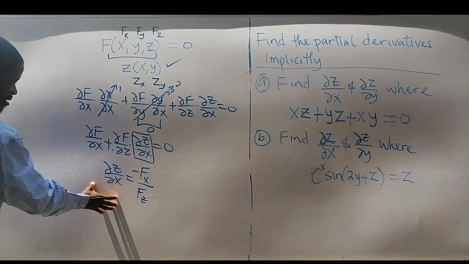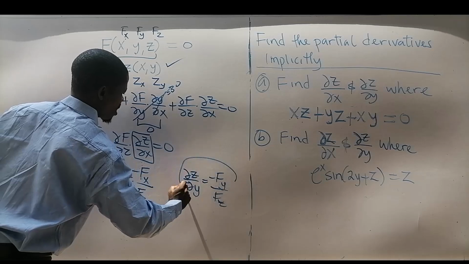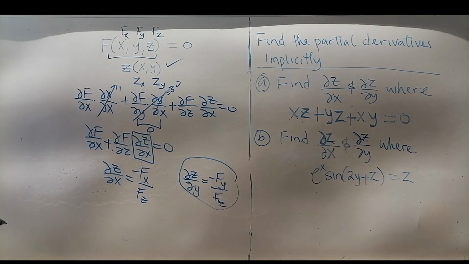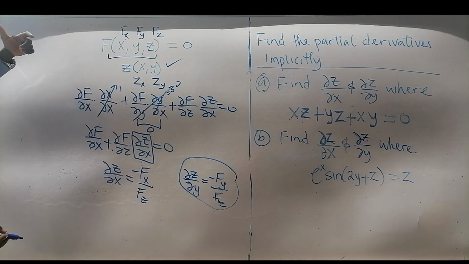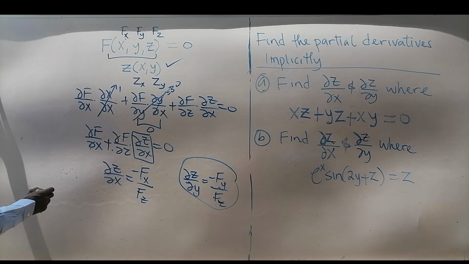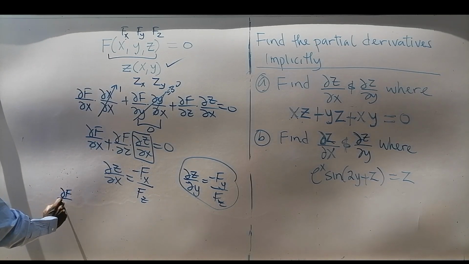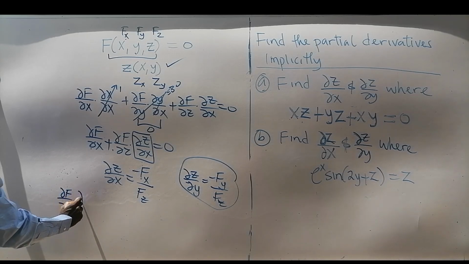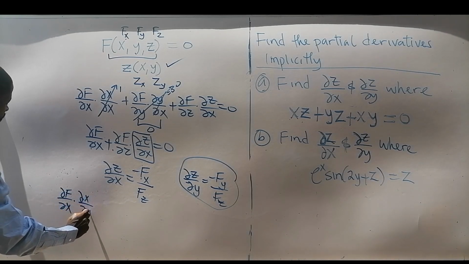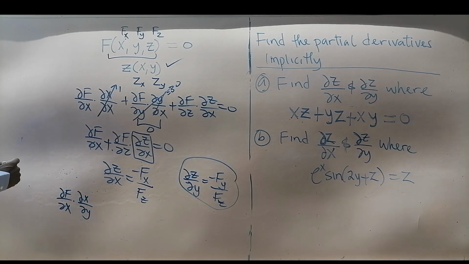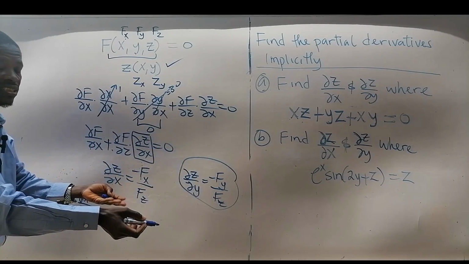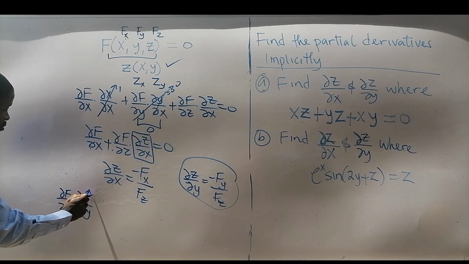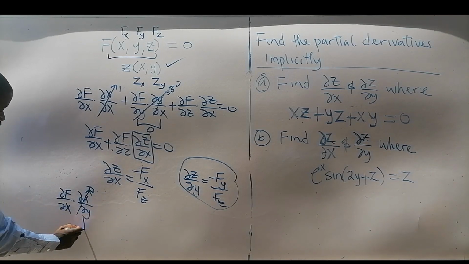In a similar pattern, I'm going to show that one to us now. Do the same thing here, differentiating implicitly with respect to y. So we have ∂f/∂x times ∂x/∂y, and when you are differentiating with respect to y, x is kept constant, so this becomes 0 and all of this is gone.